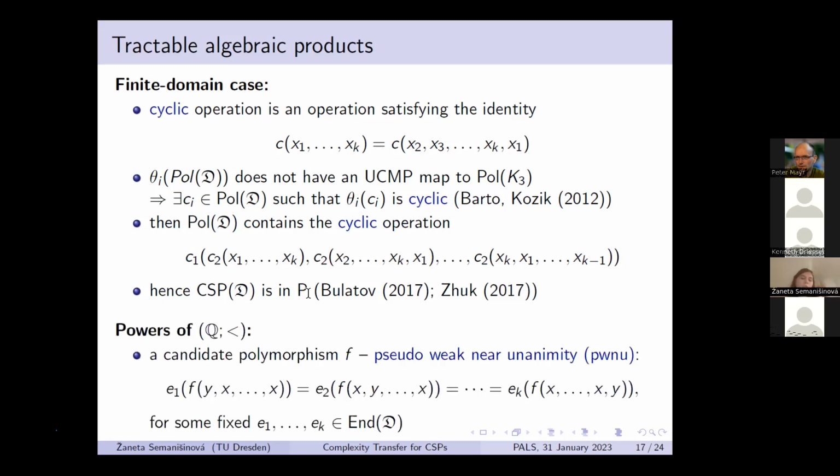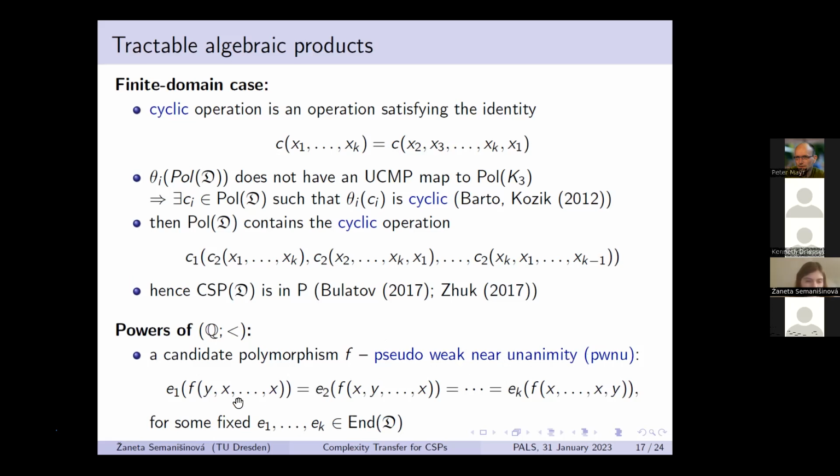What happens for powers of Q? This is actually what we focus on in this talk. There is a candidate polymorphism, also candidates for other cases, not just Q with order, but here we also had the expectation that this kind of polymorphism could be the tractability trait, and it's called pseudo-weak near unanimity.